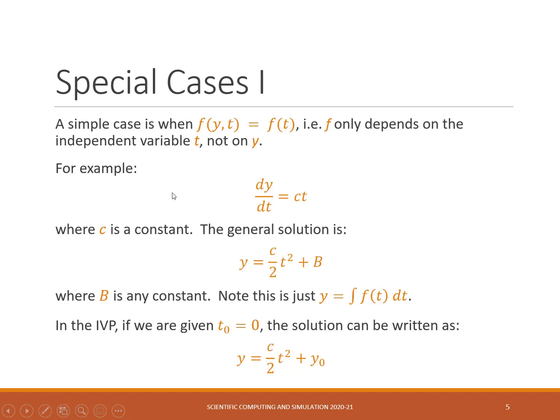The differential function f depends on the two variables y and t. Let's consider a simple case when f is only a function of t. In this situation, we can analytically solve the differential equation and obtain function y. For example, suppose the differential function f is equal to ct, where c is a constant value.